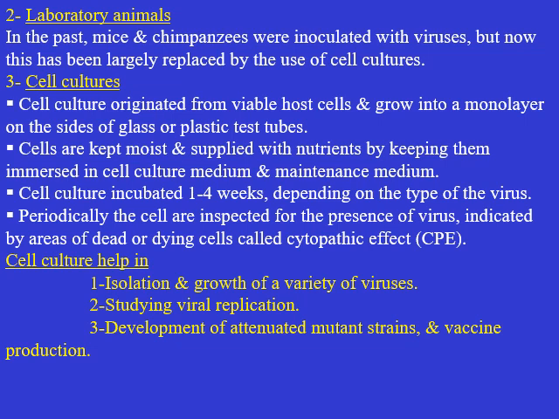Cell culture originates from viable host cells that grow into a monolayer on the sides of a glass or a plastic test tube. So we take a viable host cell, manage to grow it as a monolayer, and put this monolayer on the sides of glass or plastic test tubes.